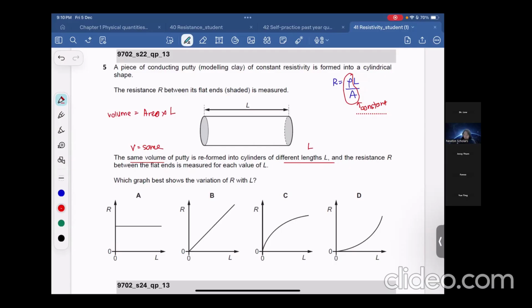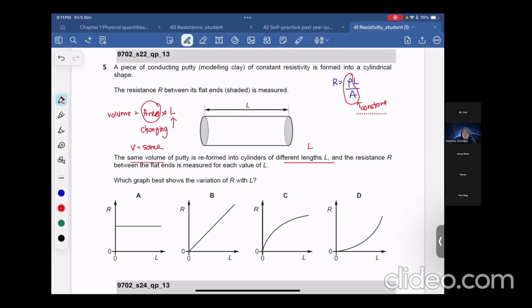So when your length changes, your length increases, actually your area also keeps on changing. So the A is not a constant. I cannot straightly compare that R is directly proportional to L. So B is not our answer.